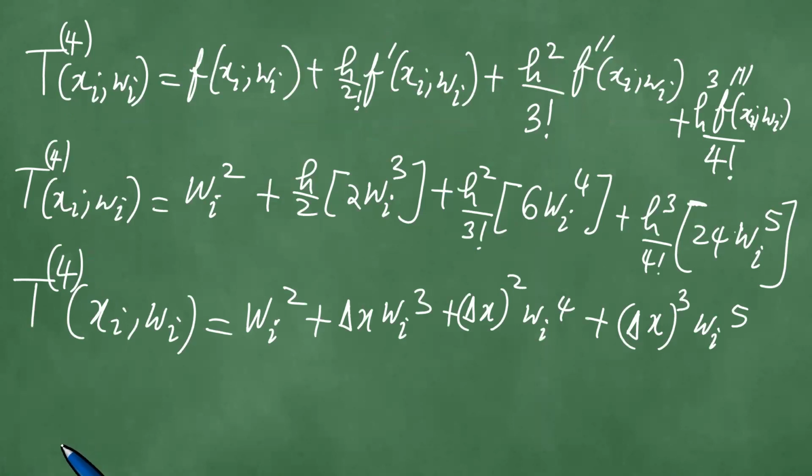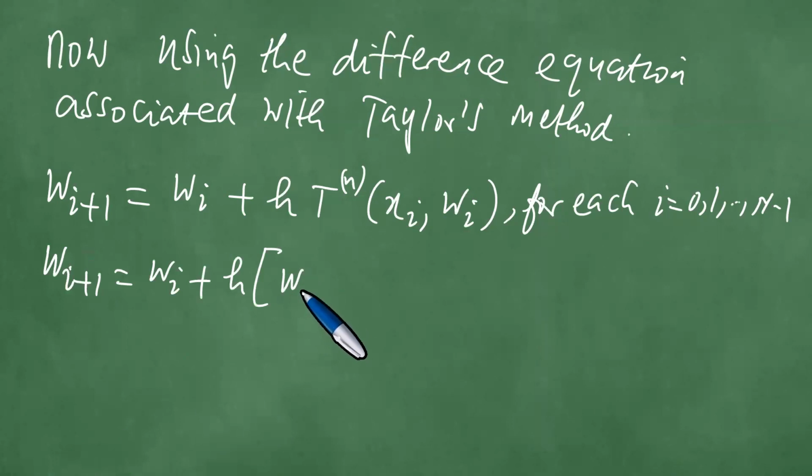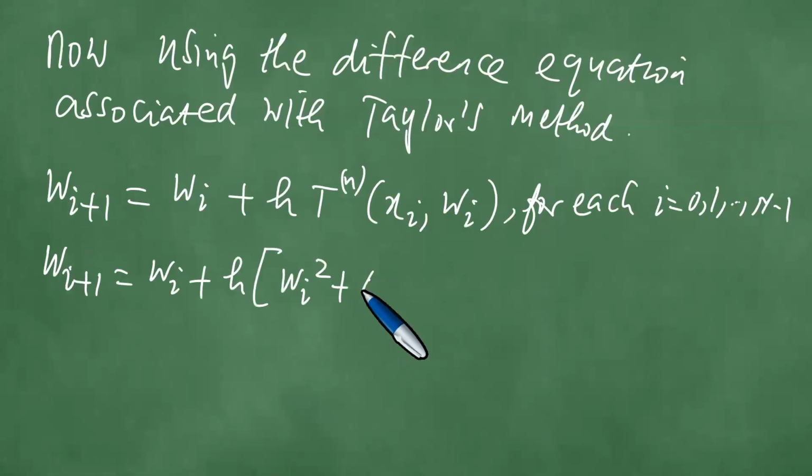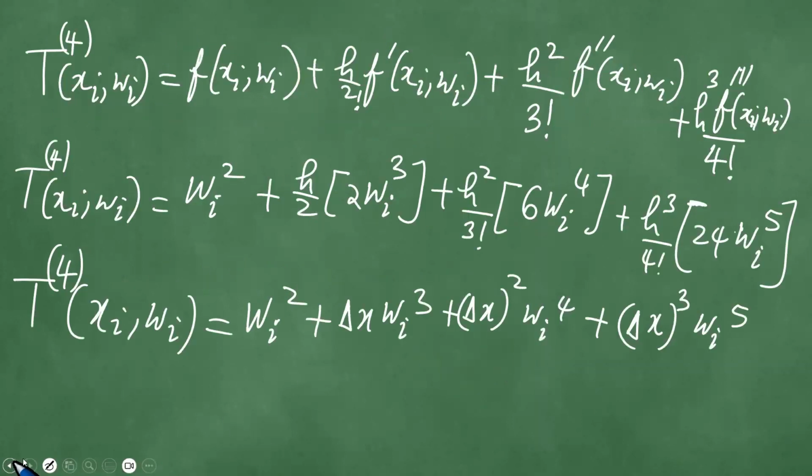So it is Wi squared plus delta x Wi cubed plus delta x Wi to the fourth power.